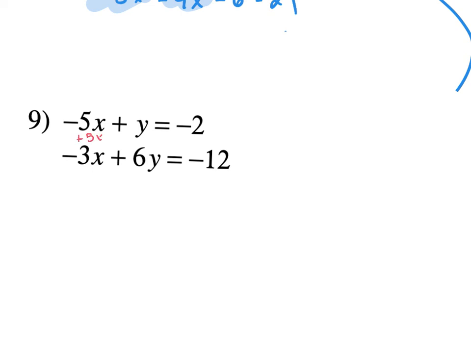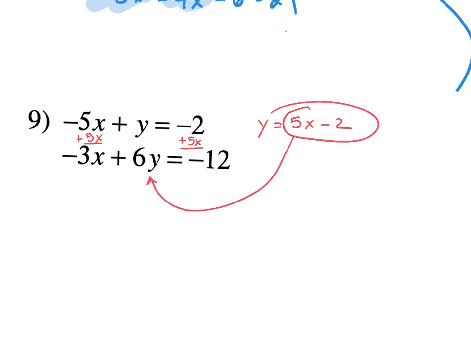We just add the 5x to both sides. Y equals, now the 5x is on the right, minus 2. And see, as soon as you do that, you know what y is. You substitute it in. And so we get negative 3x plus 6, put parentheses, here comes the 5x minus 2, because that's what y is now, equals negative 12.